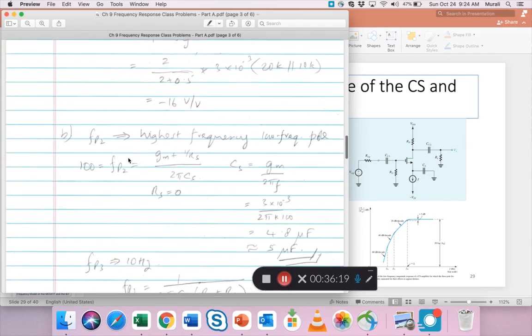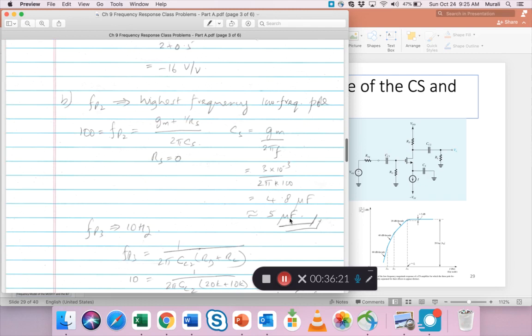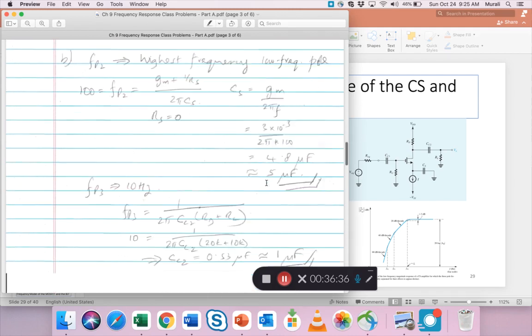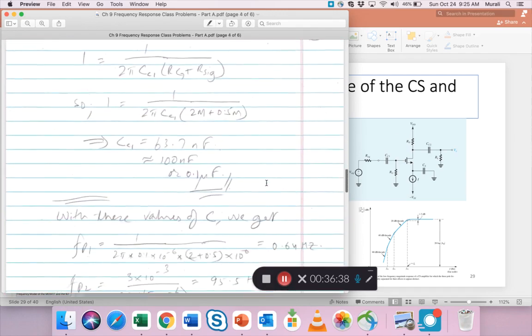Here the capacitance is high, and obviously for a higher low cutoff frequency, you need a smaller value of capacitor, so it's less costly, right?